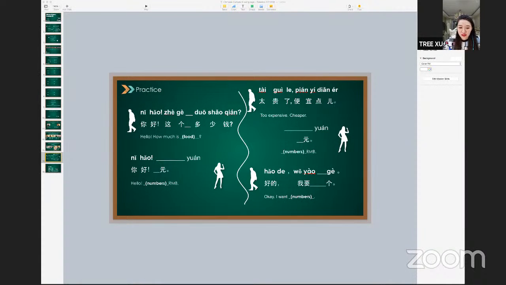Because you're asking about 西瓜, watermelon. So I say 好的, and what comes after that? You can say like 我要5个 or 我要10个. 我要 means I want. 个. Yes. For example 我要5个.